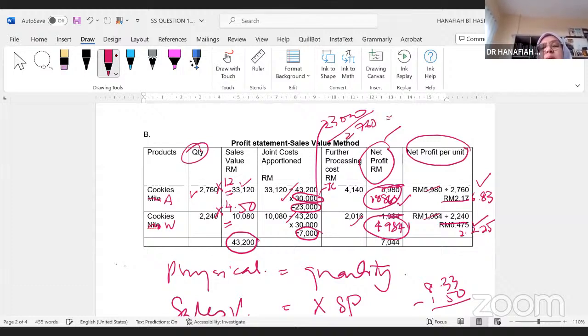Okay, so I can get 833 just now. 833 and minus 150. That's why I can derive to 683. Okay, so that is how you solve the sales value method for question B.